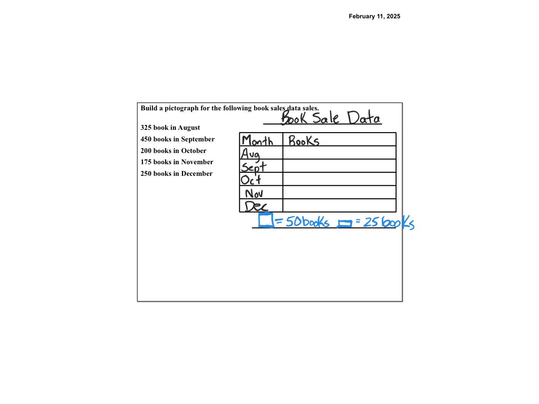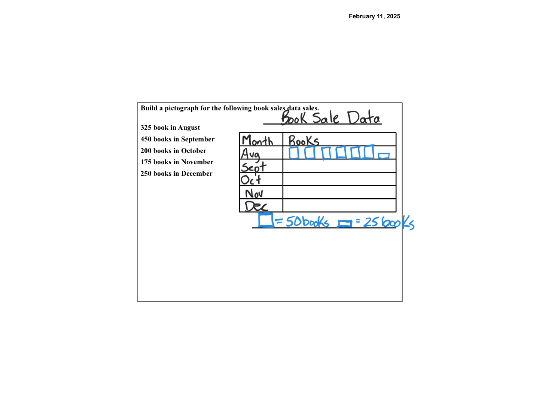So August has 325 books. So that's going to be 6 blocks. So 1, 2, 3, 4, and there's 6. That's 300 because each of them is 50. And then I have the small one for the 25.